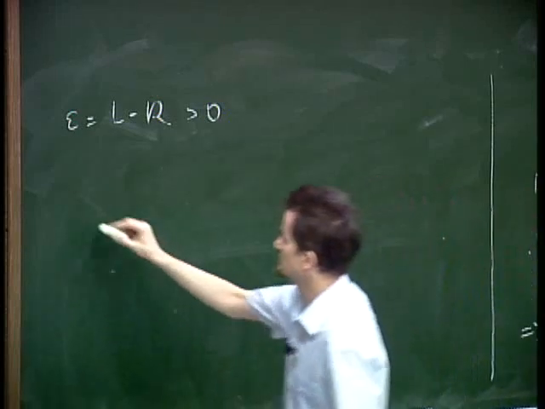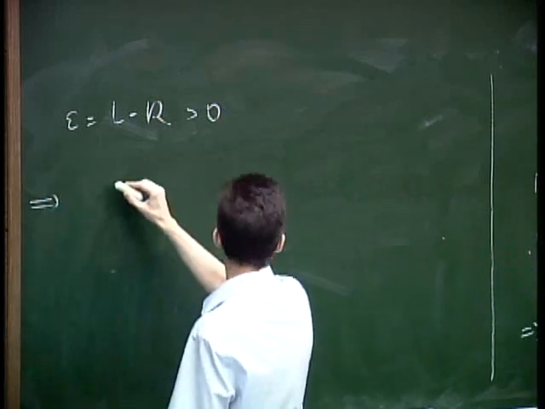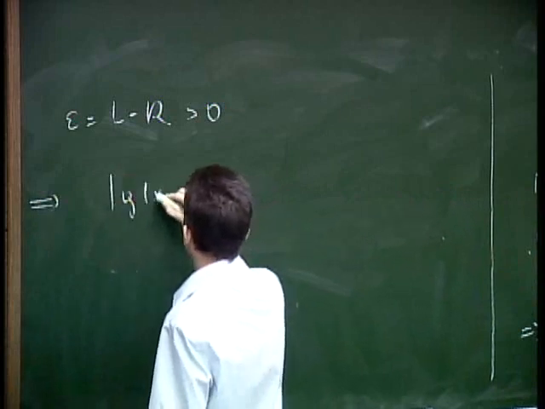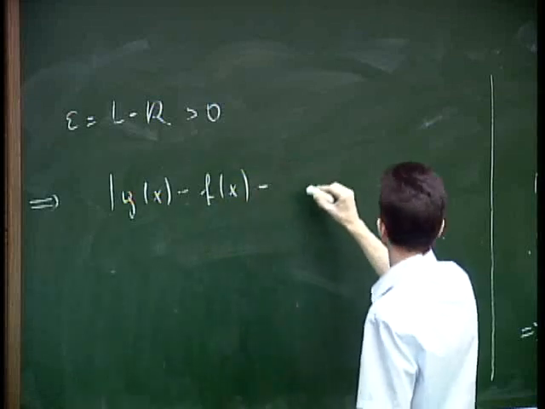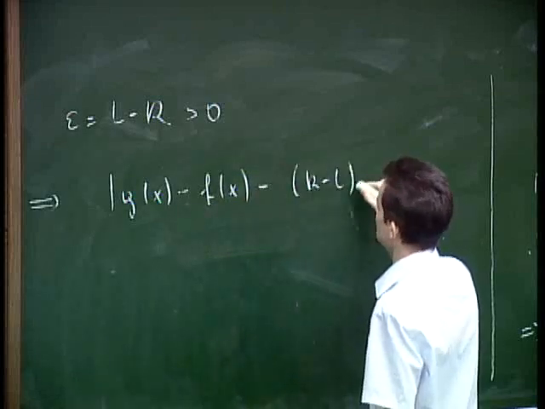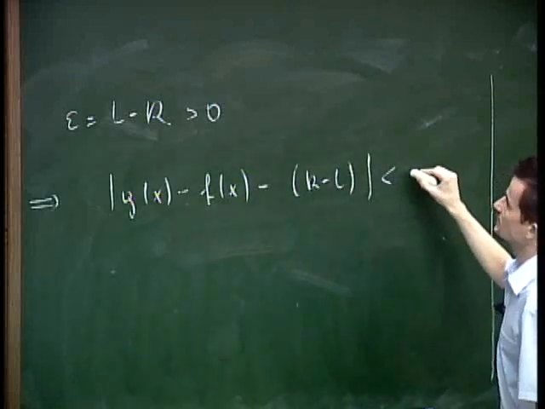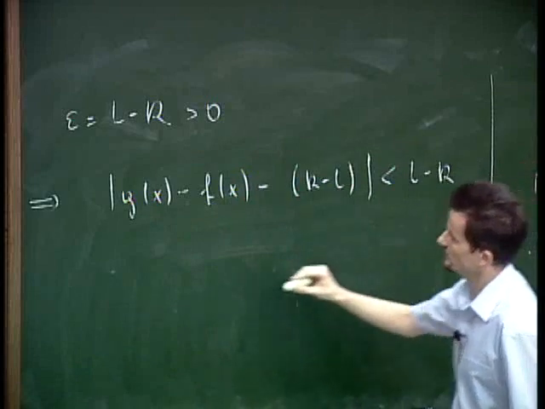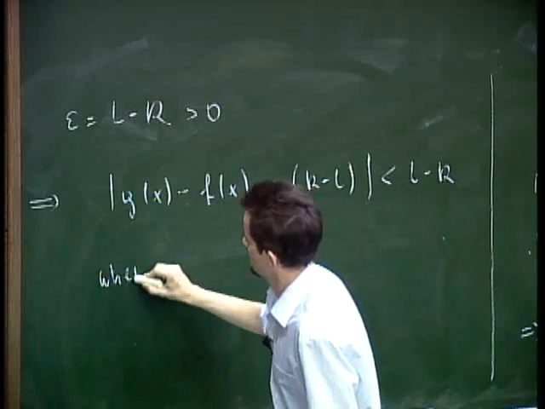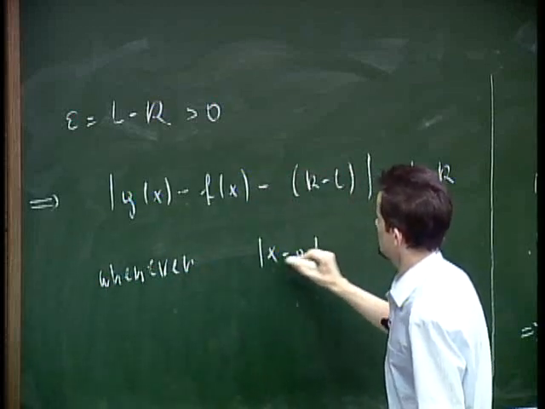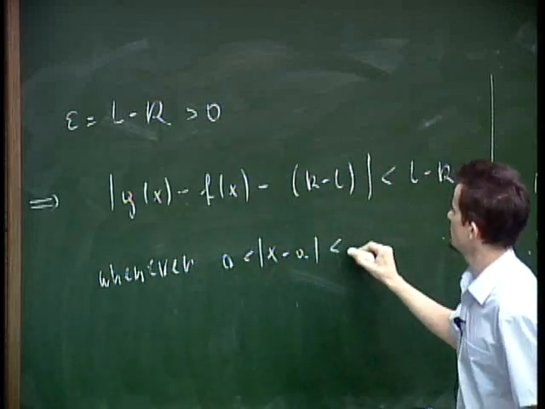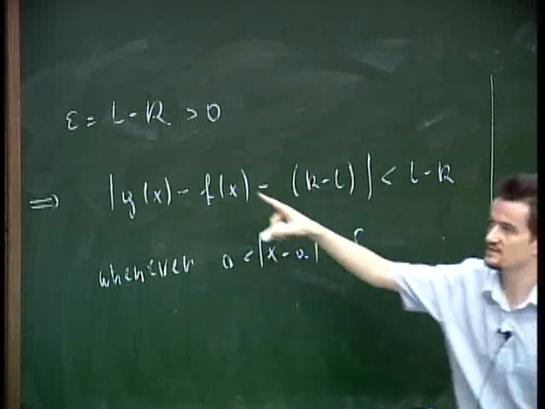Okay, so you will get that the absolute value of g of x minus f of x minus r minus L will be smaller than L minus R whenever x minus a is larger than 0, smaller than some delta belonging to this epsilon here.